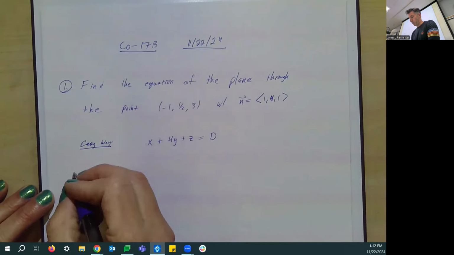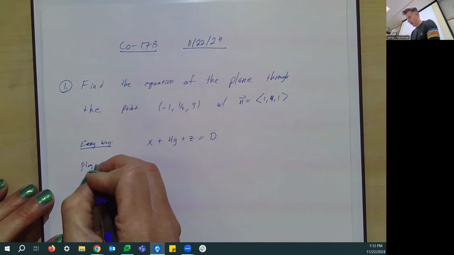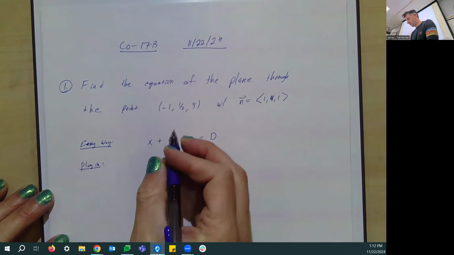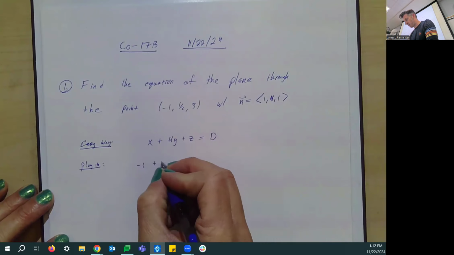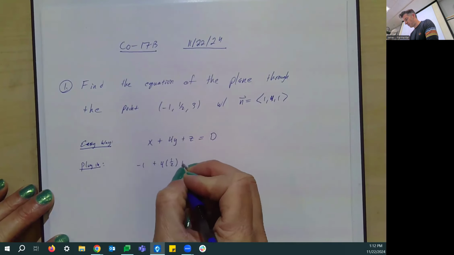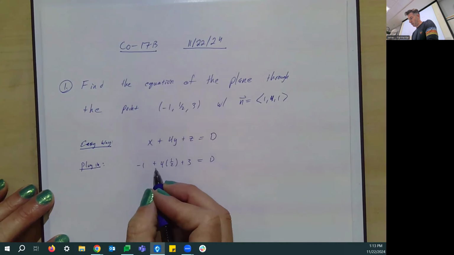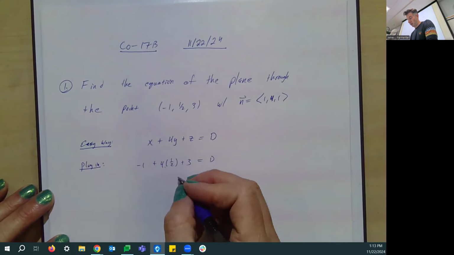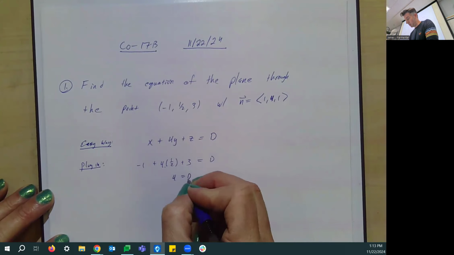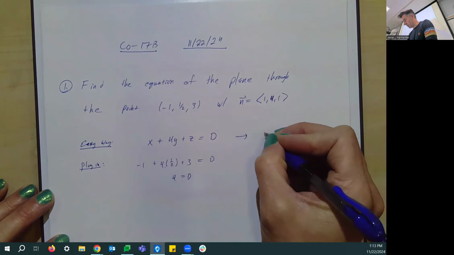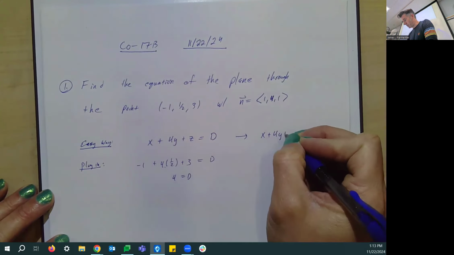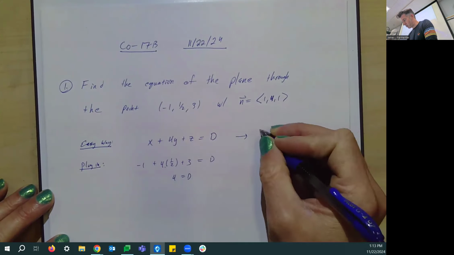And then we're just going to plug in the point that has to be in the plane. So we plug in -1 for x, 1/2 for y, 3 for z, and we get -1 plus 2 plus 3, which is 4. So our equation is x plus 4y plus z equal to 4.